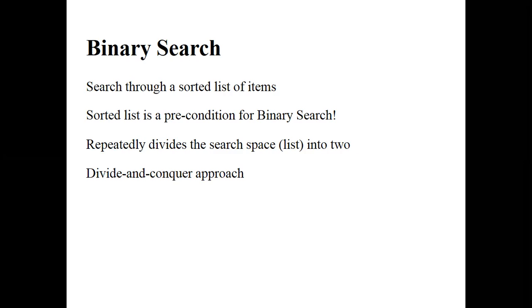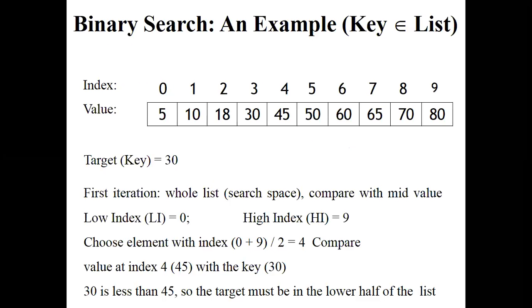So here we have an example with binary search. Here we have an index of 10 numbers, 0 to 9, with values 5, 10, 18, 30, and so on. We want to find the target key number 30, which is at index position 3.